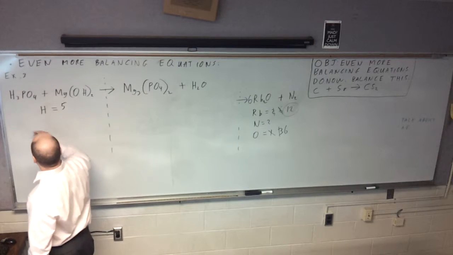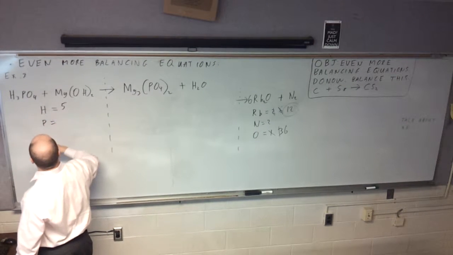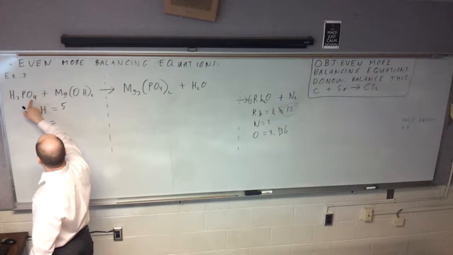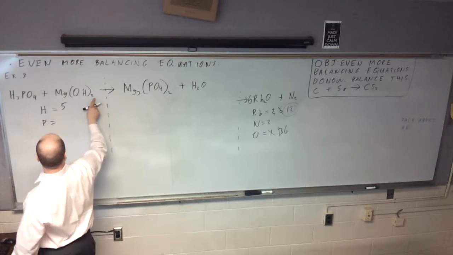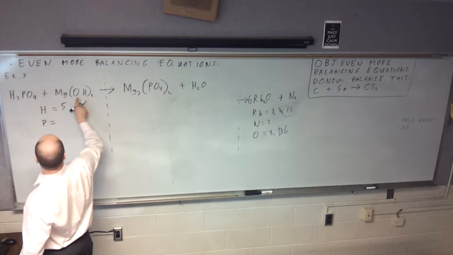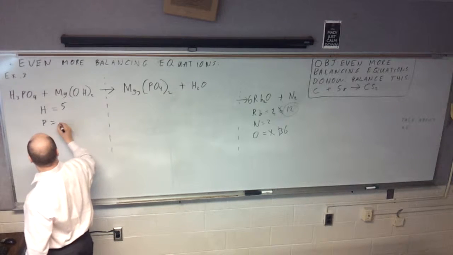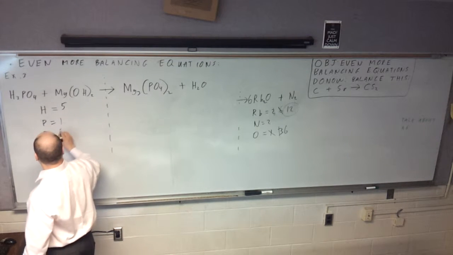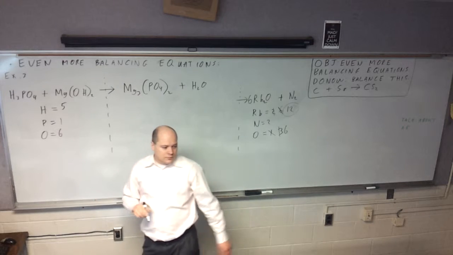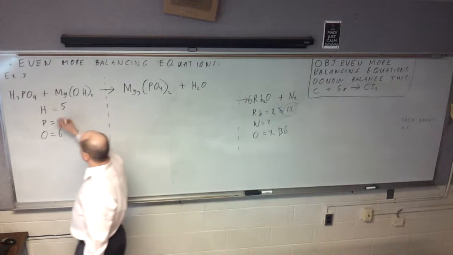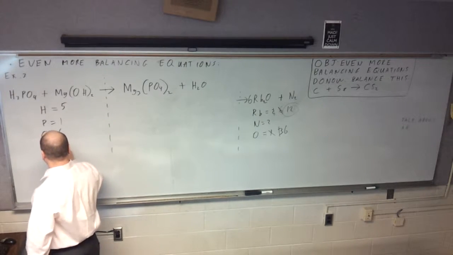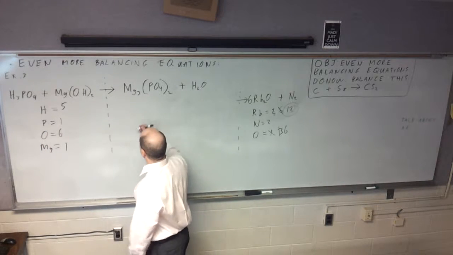Phosphorus, there's just 1. Oxygen, 4 there, plus 2 hydroxides is 2 oxygens. So 4 and 2 is 6. And then last, magnesium is 1.